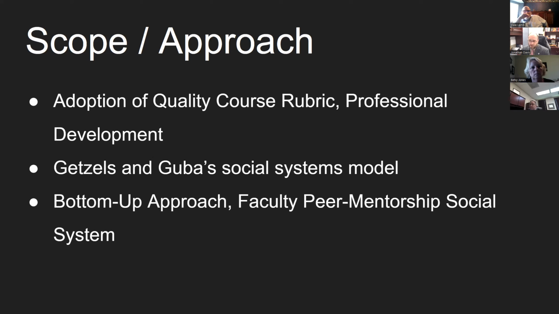And what I think is critical to the process is buy-in. But looking at the social systems model, basically Getzels and Guba's social systems model defines two specific classes of phenomena that are independent but phenomenally interactive.